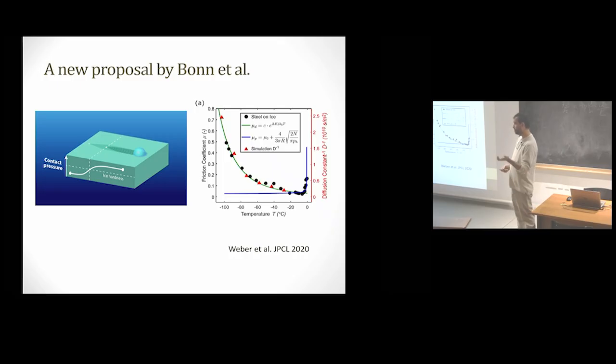Okay? So what's going on, according to Bonn, is that because the indentation hardness is becoming very small, you get a lot of indentation, and then you have a lot of trouble ploughing ice. And the more trouble you get, the more you indent ice, which occurs to a greater extent the softer ice is, that is at high temperature. And that's the second mechanism. Okay? And in view of this, he ruled out the role of pre-melting.